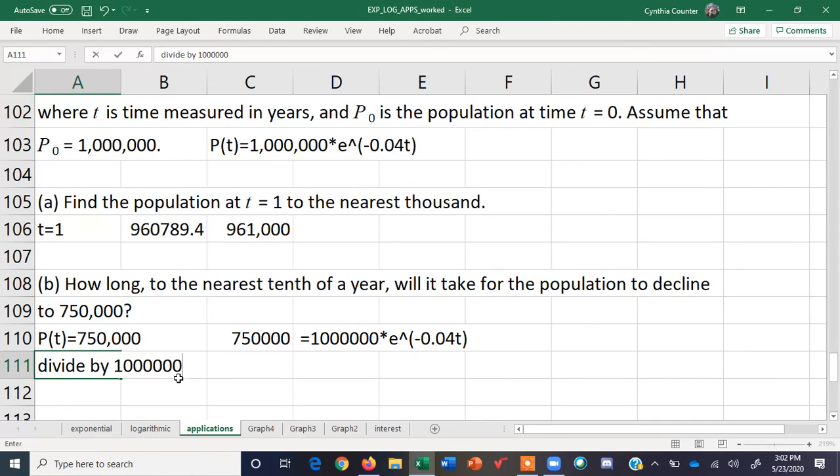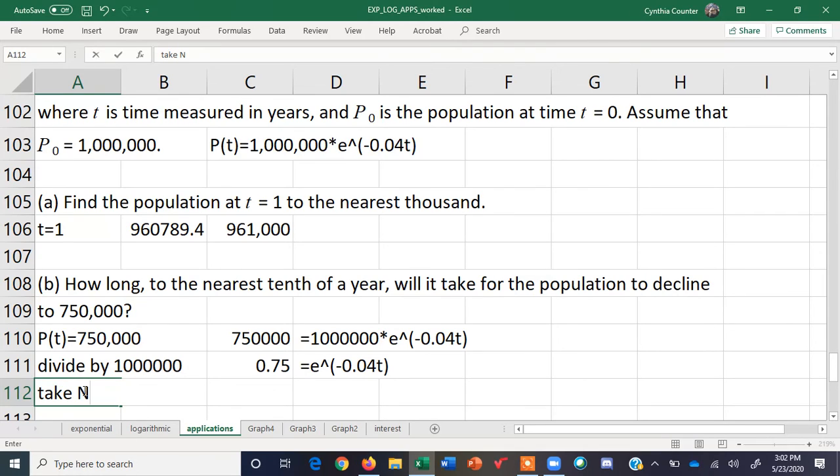Remember, when I say this, we're doing it to both sides, of course. Whatever happens here is happening to both sides. So the 750,000 divided by 1,000,000 leaves us with our exponential. We want to get to the exponent, so we need to get rid of the base e, and to do that, we use the inverse function, natural log.